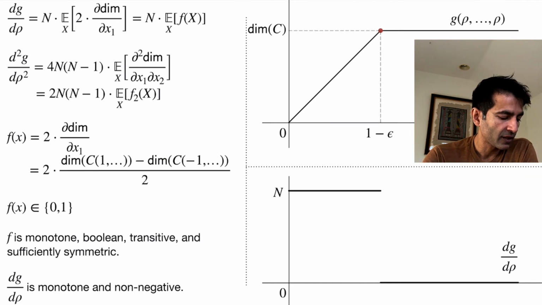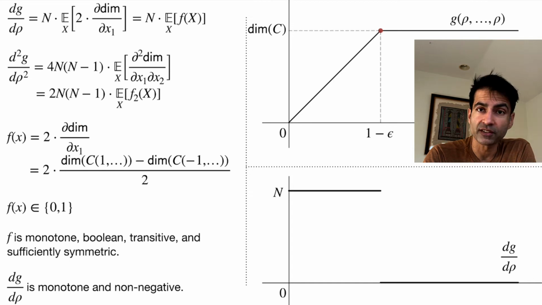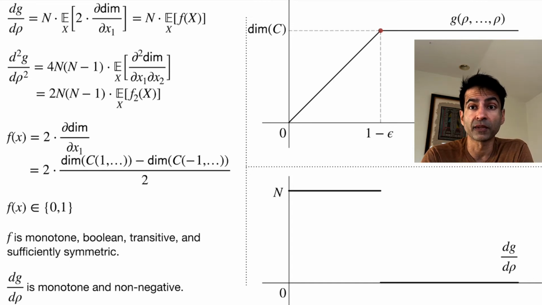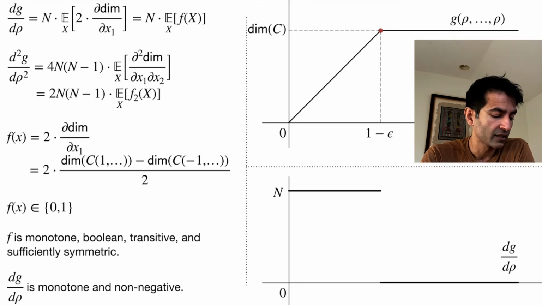Okay, so the first observation I want to make here is that because of Fourier analysis, this dimension is a multilinear polynomial. And for a multilinear polynomial, its partial derivative can be expressed using a discrete operation.